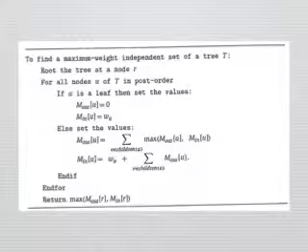After we finish the for loop, we return the maximum of M_out[R], the root, or M_in[R], again the root. This gives us the value of the maximum weight independent set.